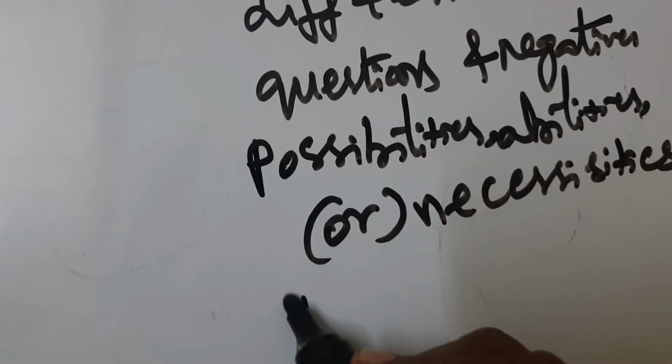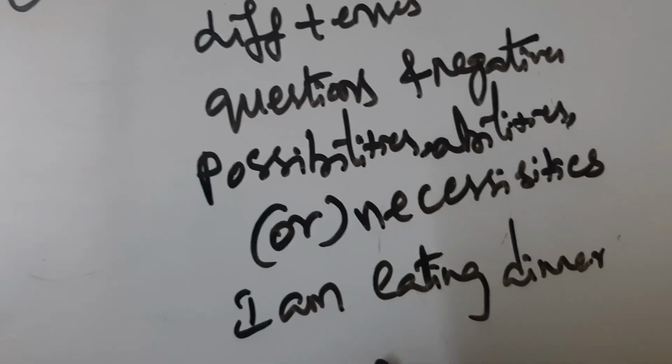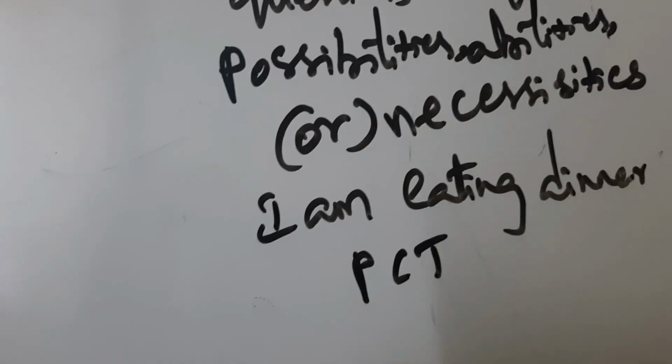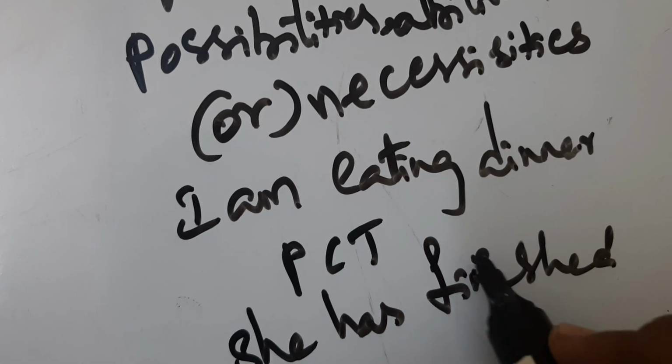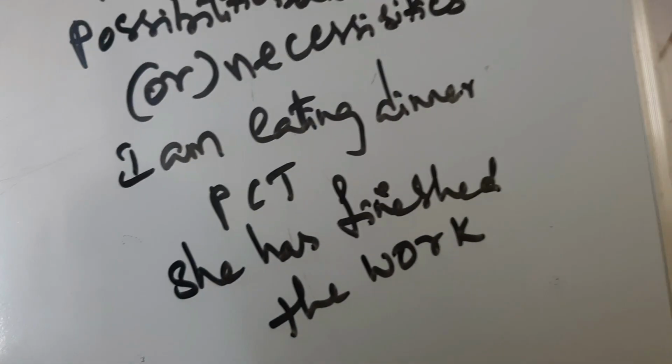For example, I am eating, which is the present continuous tense. She has finished the work, which shows the perfect tense.